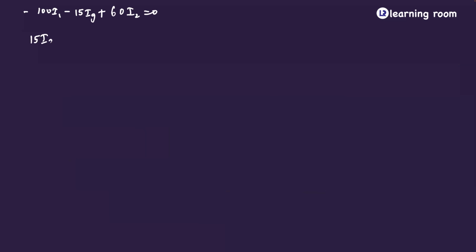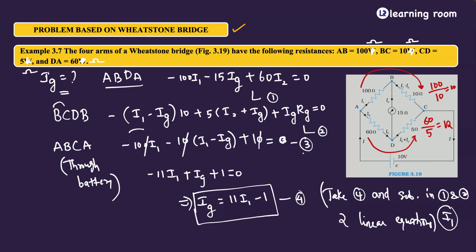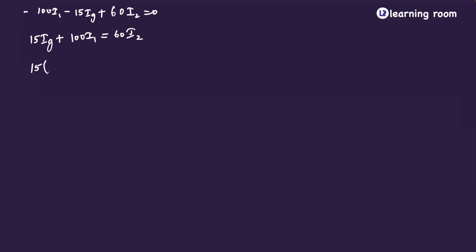So 15 Ig plus 100 I1 is equal to 60 I2, right? 15 into what is the value of Ig? 11 I1 minus 1, plus 100 I1 is equal to 60 I2.